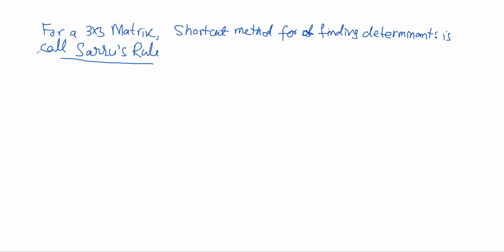Okay, it's called Sarrus rule for a 3 by 3 matrix.